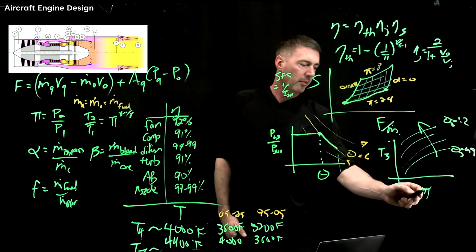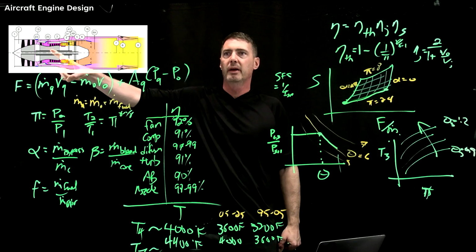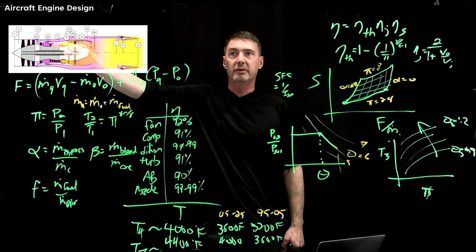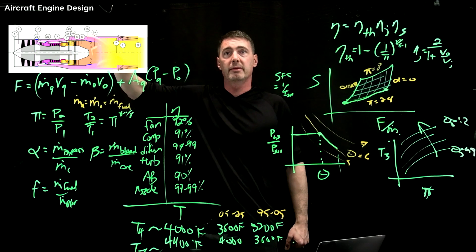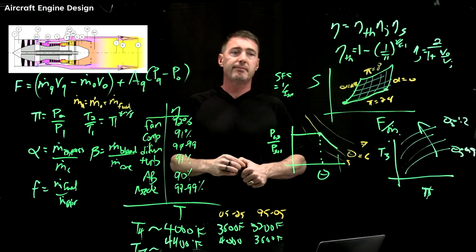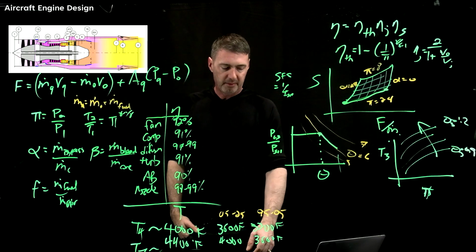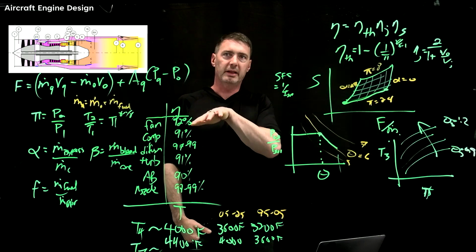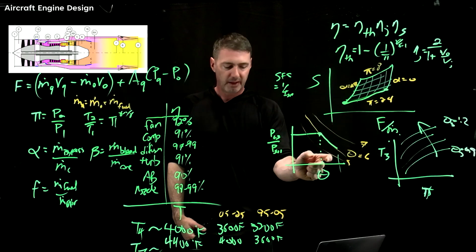So the higher your compression ratio, you're going to have issues with being too hot coming out of your last combustor, where things are going to start melting everything downstream. So you have a limit there, and then you have that overall theta break system where your airplane can go up, you can ride one performance curve and then you're going to have to get off of this.